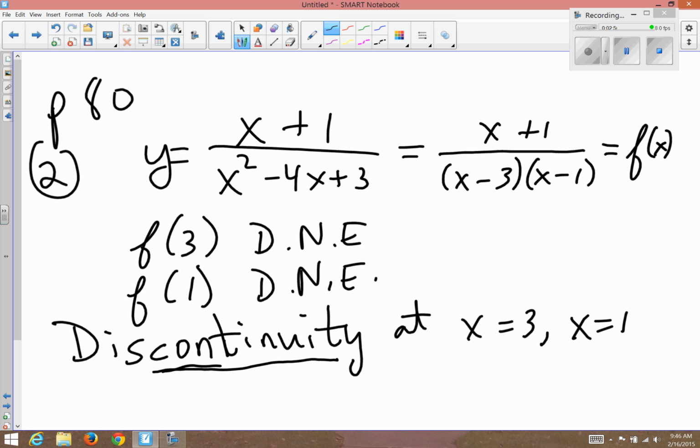For there to be continuity at x equals 1, f of 1 would have to exist. f of 1 does not exist.